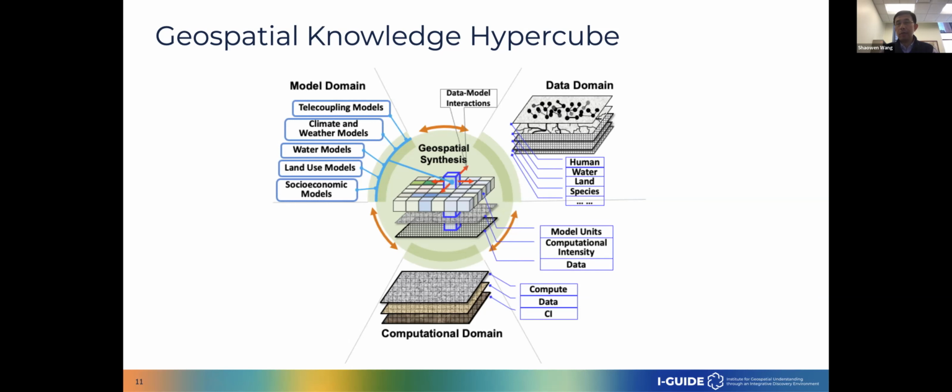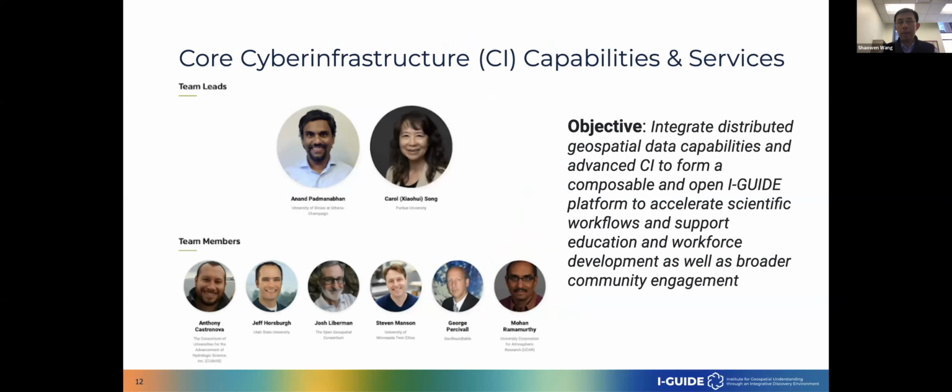that could take advantage of large-scale computing resources to enable the analytics of massive data, but at the same time supports the integration between data and models. So this whole conceptual framework is what we're setting up. And in order to do this, we need the support from advanced cyber infrastructure team.